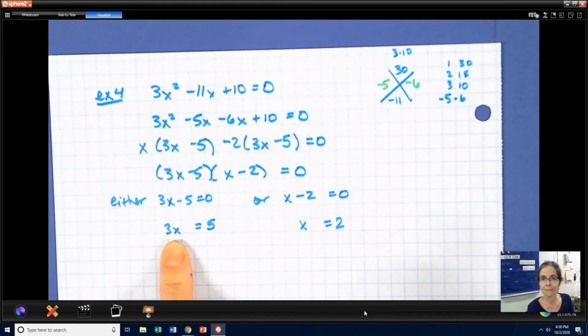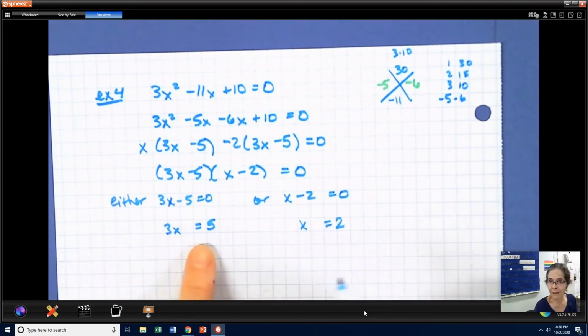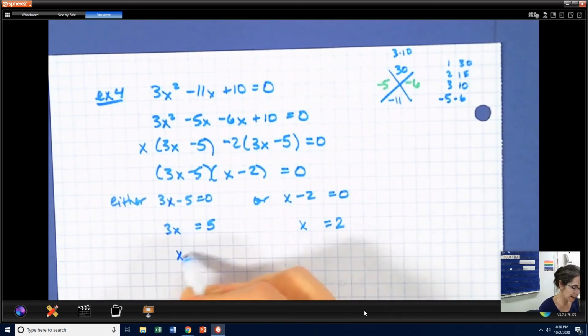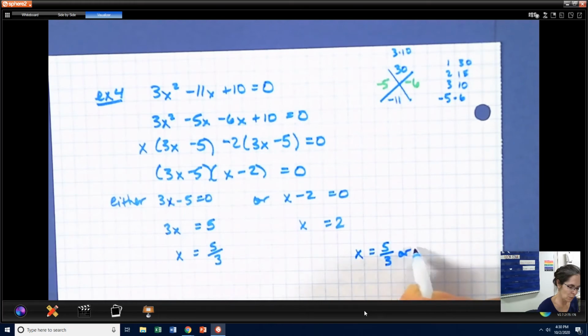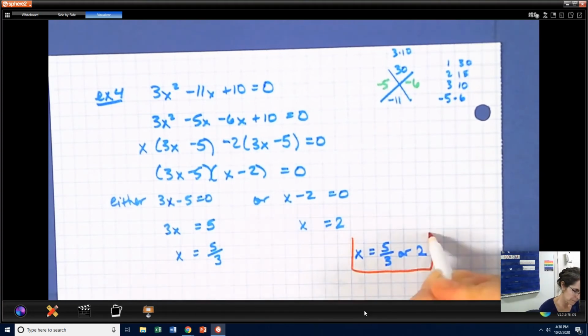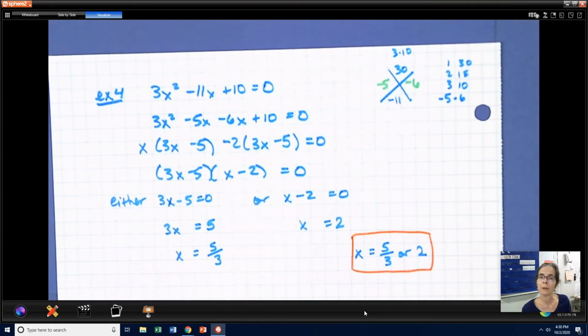But I'm lazy, so I'm going to just say I'm dividing by 3. So I'm going to divide both sides by 3, and I get x equals 5 over 3. So my answers are x equals 5 over 3 or x equals 2. If I was going to write an answer and put a box around it, that's what I would put.